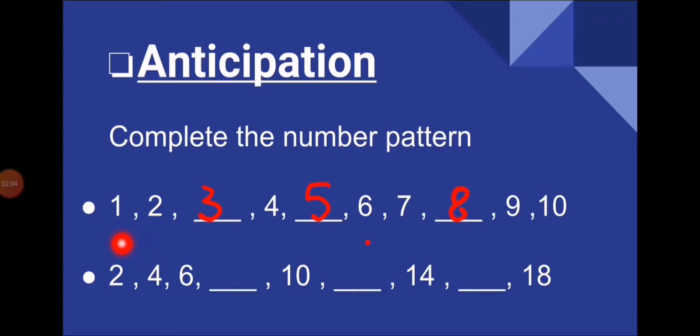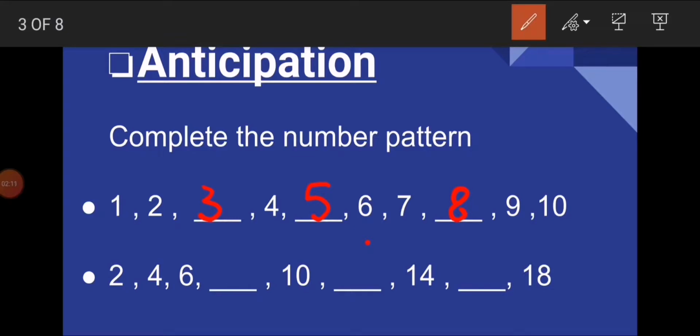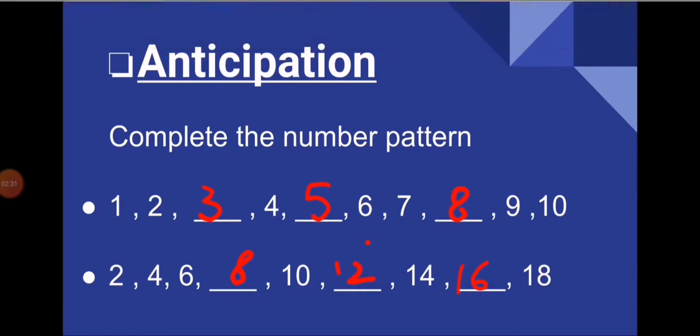So start counting from 2, skip 3, 4, skip 5, then 6, skip 7. The next is, yes, it's 8. Then skip 9, 10, skip 11. The next number is, yes, it's 12. Skip 13, then 14, skip 15. And what will you write here? Good, it's 16. Then skip 17 and then it is 18.